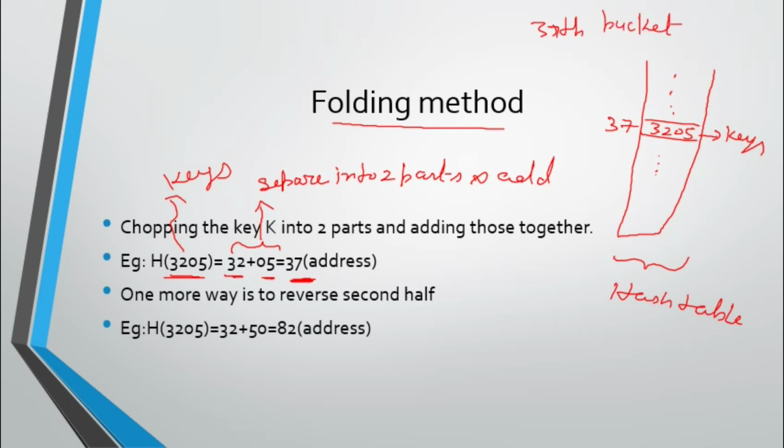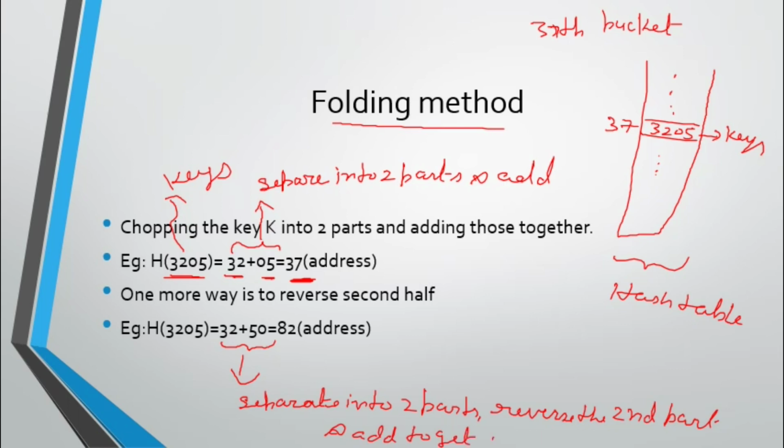The second way is to separate the key into two parts, reverse the second part, and add. Here 3205 is the key. So 32 is divided into 32 plus 05, and you reverse the second part, so 05 became 50. Then you add, and you get the 82nd address. In the 82nd bucket you store the key 3205.